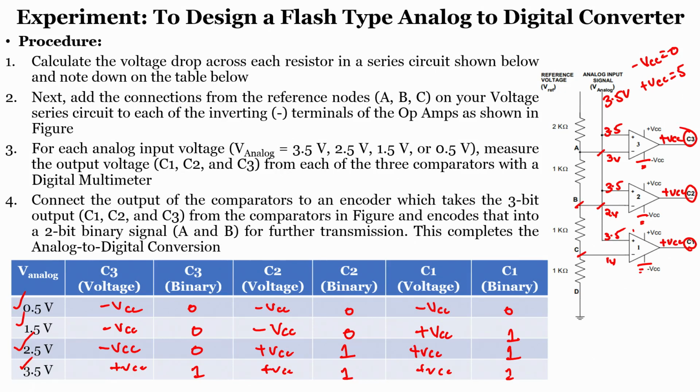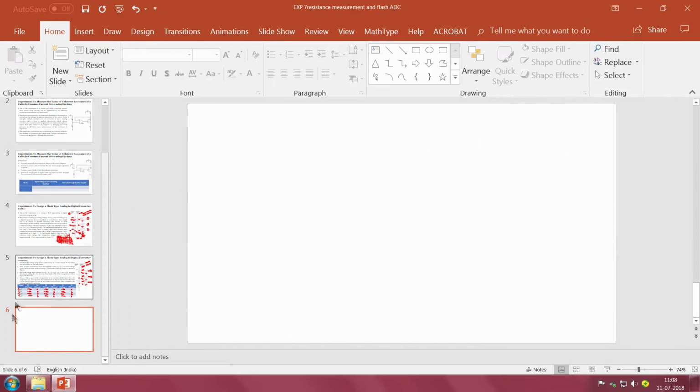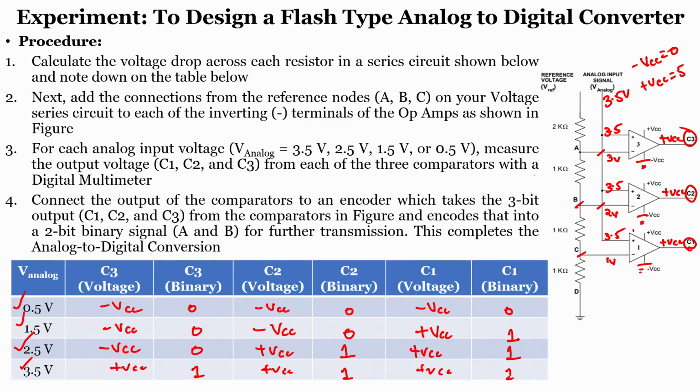So that means along with the comparators, if you recall, it contains one more block, an encoder, which is nothing but a decoder-like circuit.